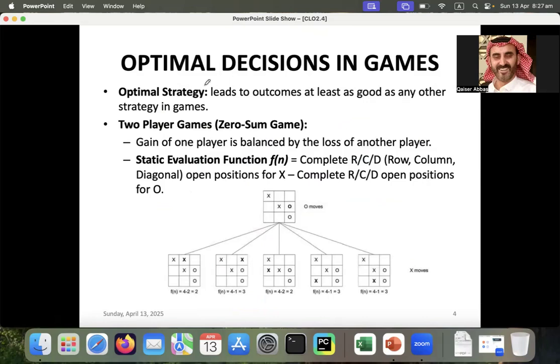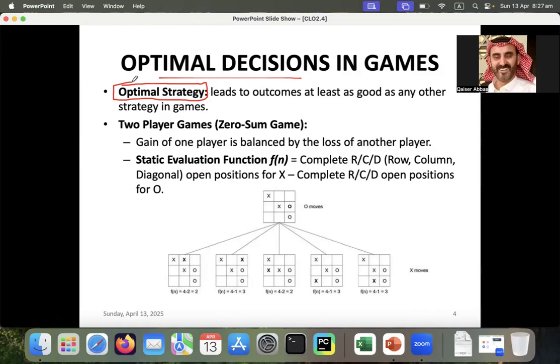how in games can we make optimal decisions, how can we introduce something through which the algorithm will make an optimal decision on each state? So we want to follow some optimal strategy in games.